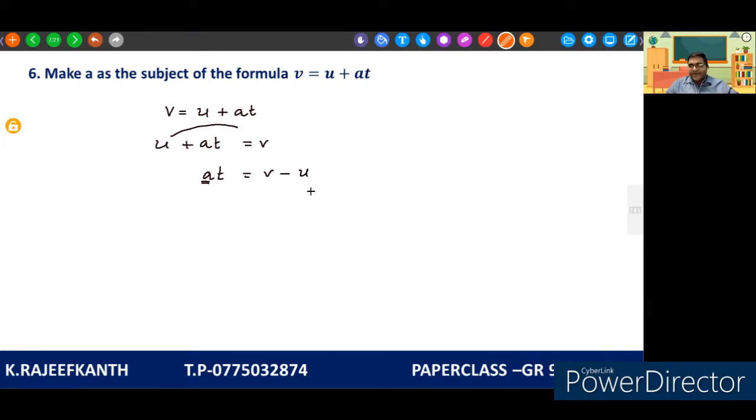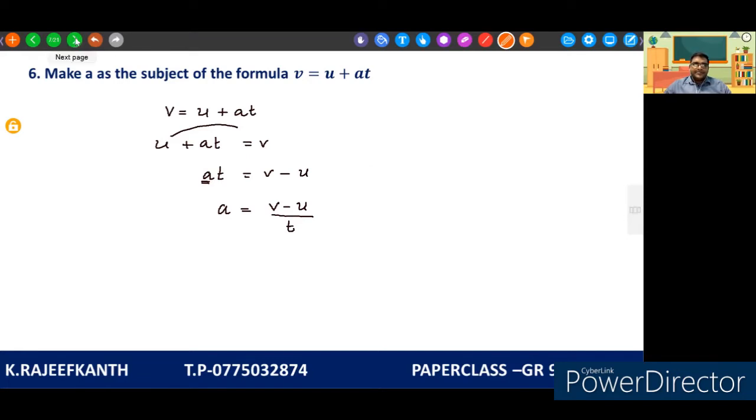So I have to divide by T. Then A is equal to V minus U over T. Right? Here U plus AT is equal to V. Then I move this plus U to the right side of the equal sign, that is minus U. Then I should divide by T. Then A is equal to V minus U over T.